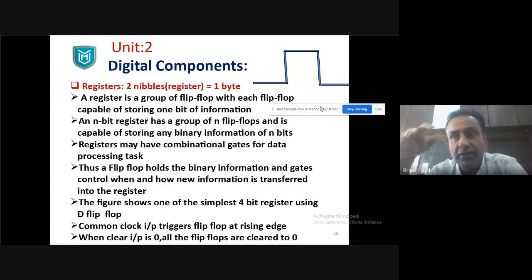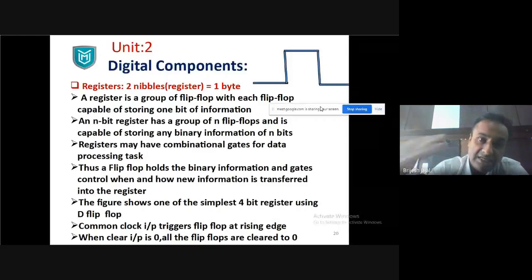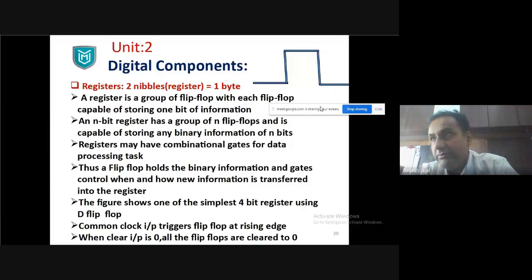So what is a nibble? Maybe some of you have gone through this term. Half a byte, that is 4 bits, equals 1 nibble. So keep the difference between these two clear. I can ask you some questions on how many bits, how many bytes, how many nibbles, in your MCQs or short questions. Okay, so that is clear.